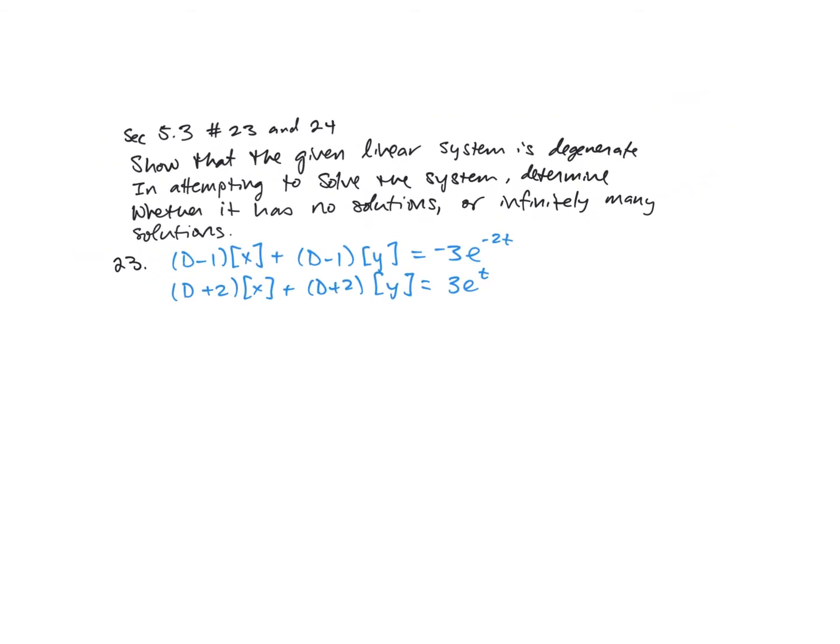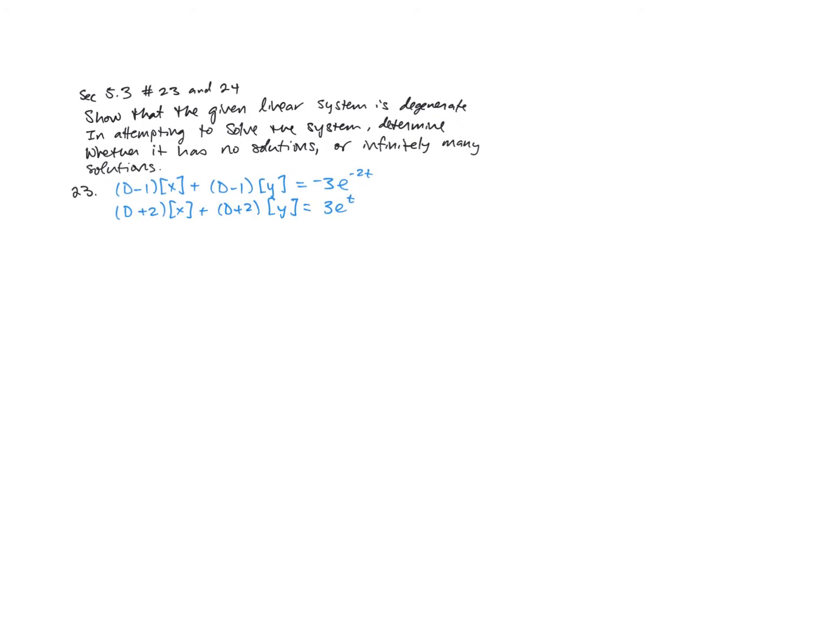Let's think about these as if they were linear equations, like ax plus by equals c, and then dx plus ey equals f. So these are each equations of a line, right?